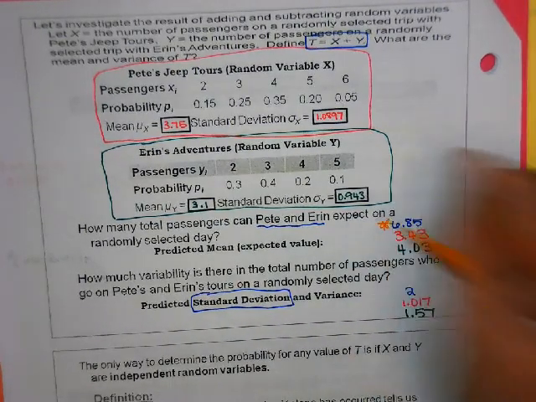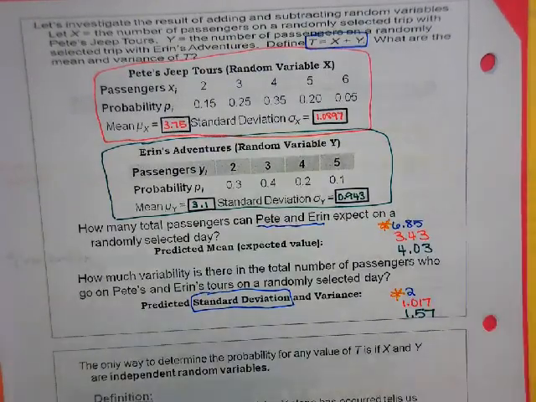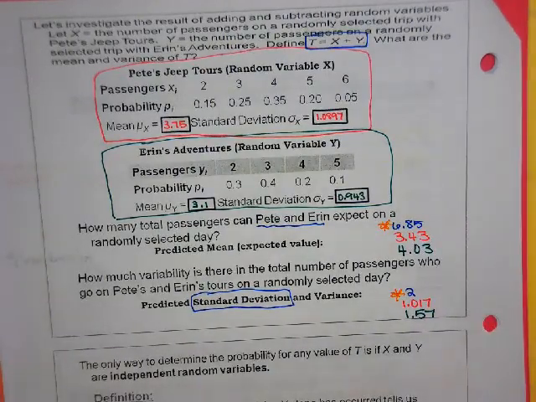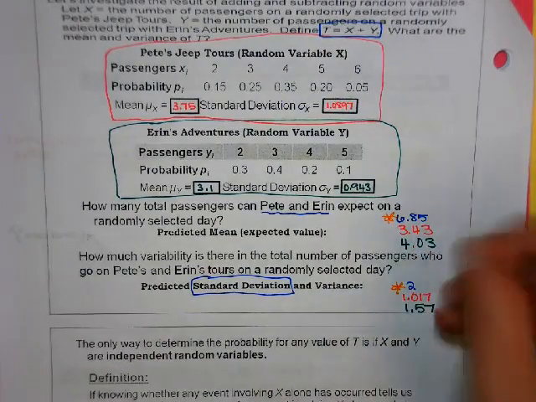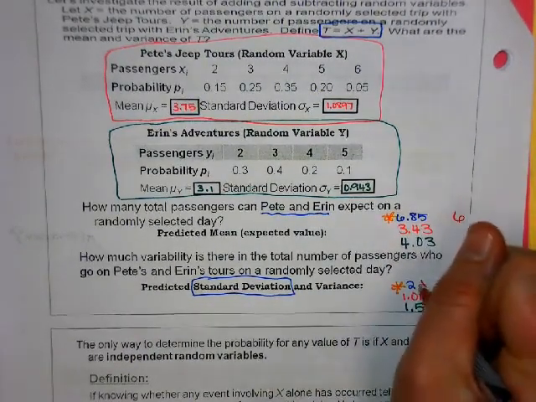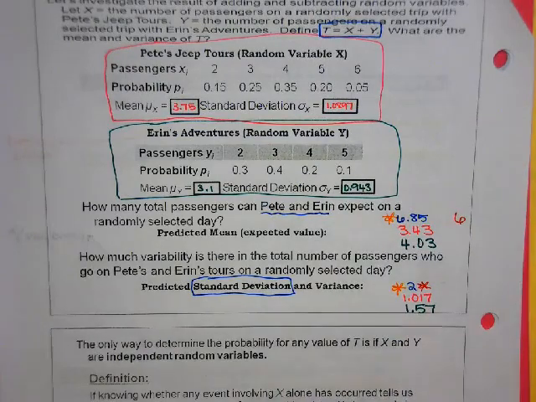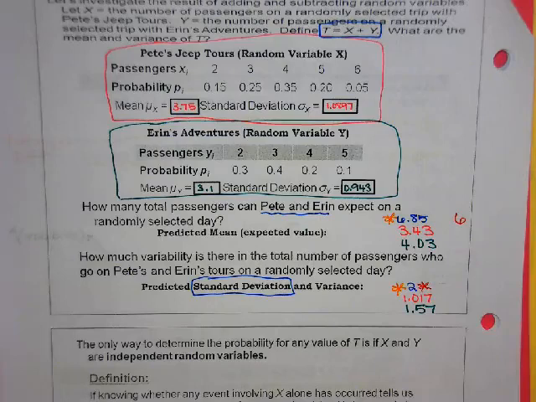We said 6 and 2. Just 6, not 6.85. Okay. And then you also said 2. And then Grace, Seth, and Cecia. 6.85 and 1.017. Okay.